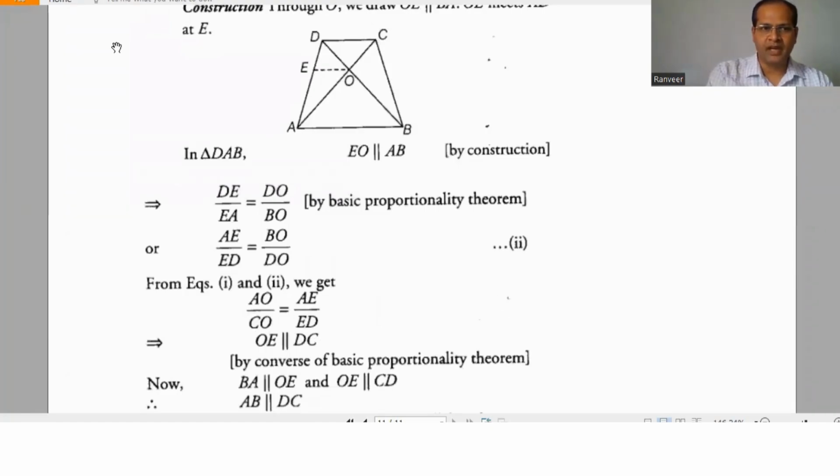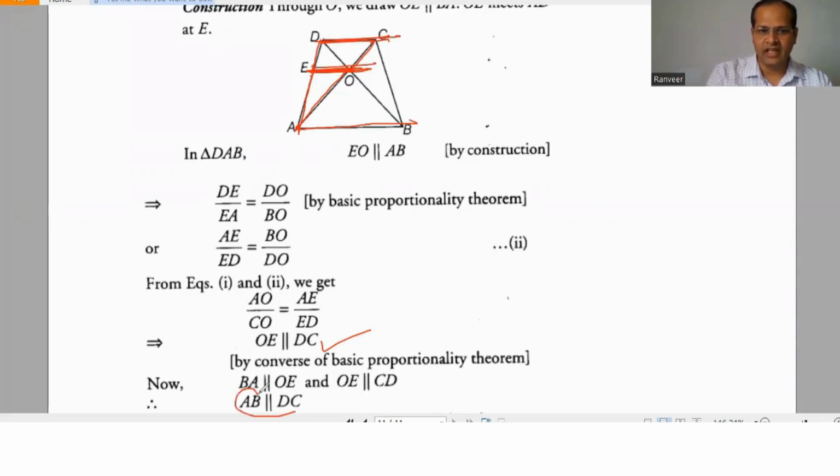If you compare this, AO by CO equals AE by ED. That means we can say that this line OE is parallel to DC also. So BA is parallel to EO and EO is parallel to CD.